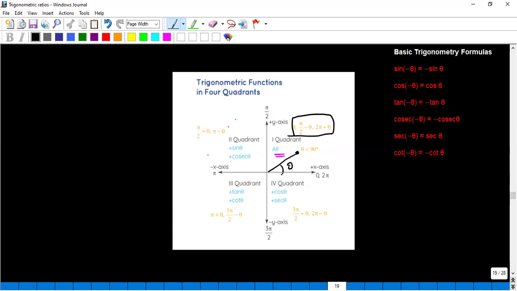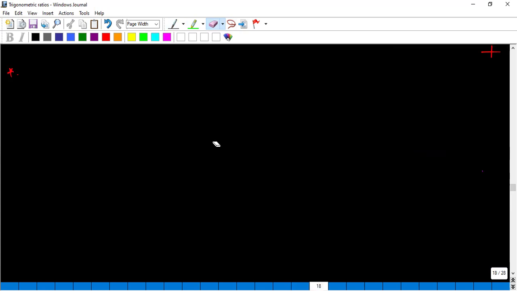You may think I took one complete round, this is nothing but 2 pi plus theta. Or else, you may think pi by 2 minus theta, from 90, I can take like this. So we should have a basic understanding of the position and how we need to consider.